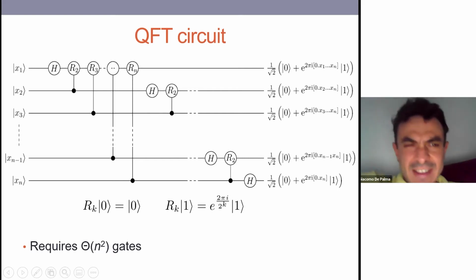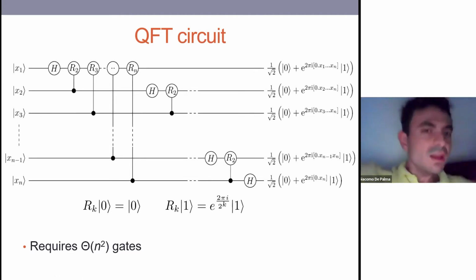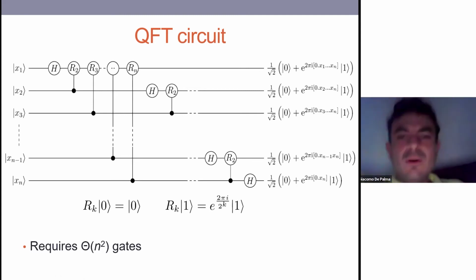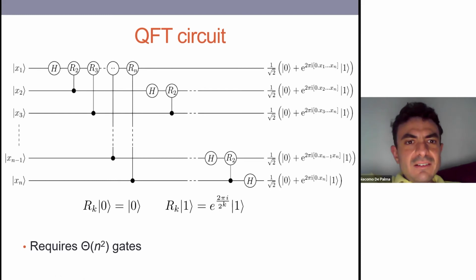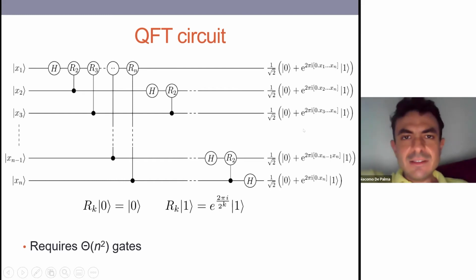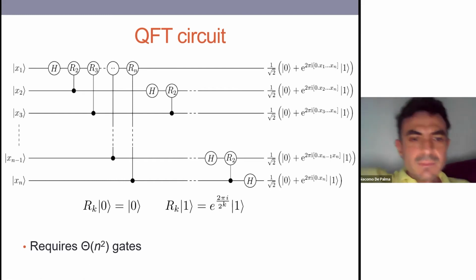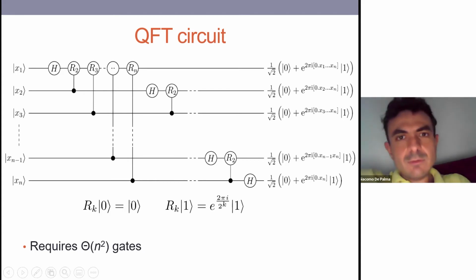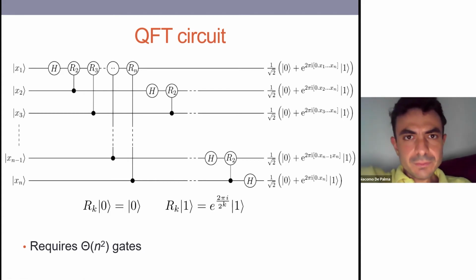So this already gives us order n squared gates. And then the swap gates, since reversing the order can be realized with order n swap gates, we require order n squared gates to implement this quantum Fourier transform.